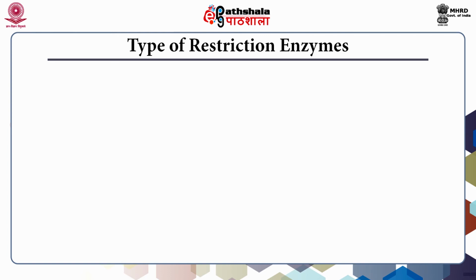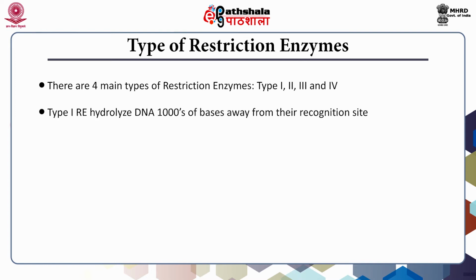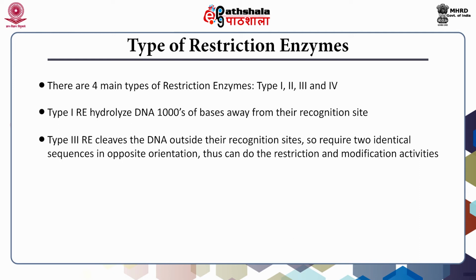Types of restriction enzymes. There are 4 main types of restriction enzymes, types 1, 2, 3 and 4. Type 1 restriction enzymes hydrolyze DNA thousands of bases away from their recognition site. Type 3 restriction enzymes cleave the DNA outside their recognition sites, so they require 2 identical sequences in opposite orientation, and can thus do the restriction and modification activities.